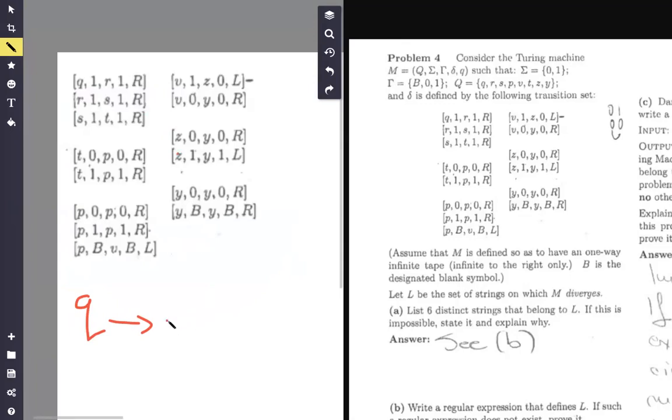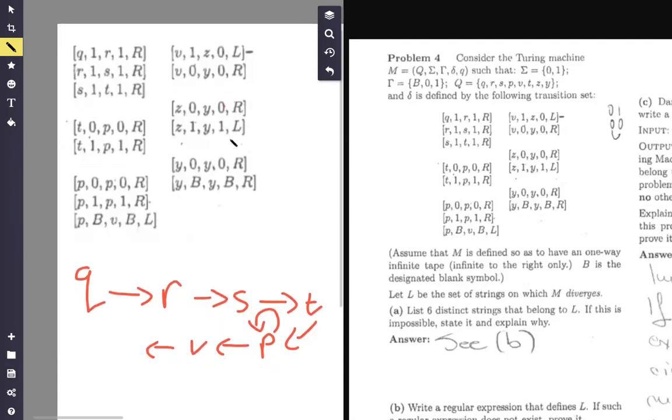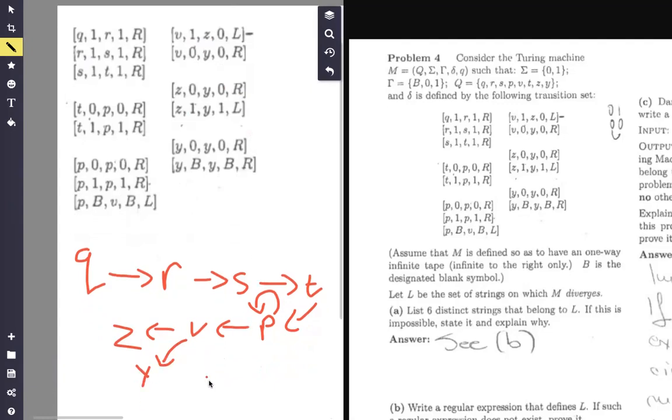Okay, Q goes to R goes to S goes to T goes to P. P is a loop, P goes to V, holy shit. V goes to Z or Y. God, could you have picked a more cancer question to give me?